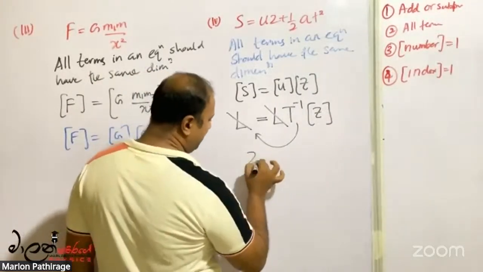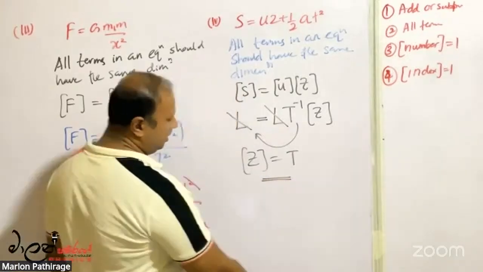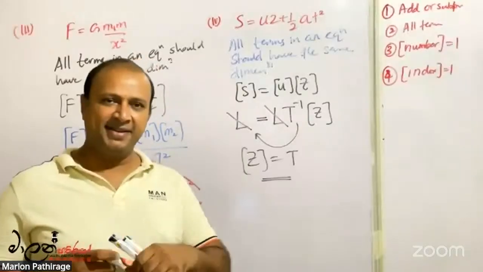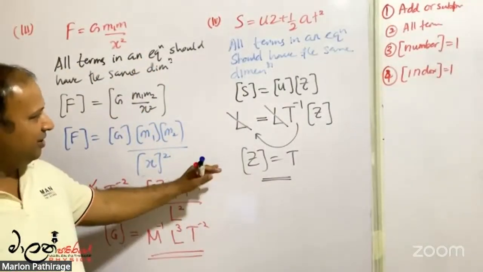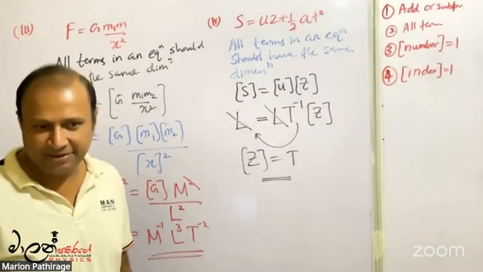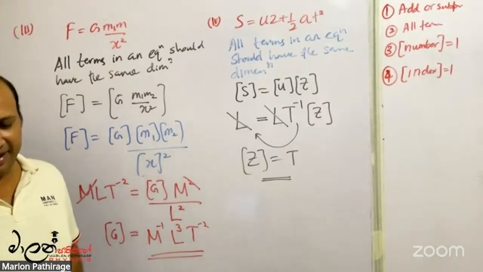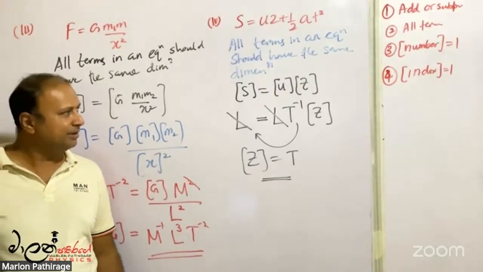Then dimension of Z is equal to T. Is that correct? If it is correct, please raise the hand. Okay, thank you.